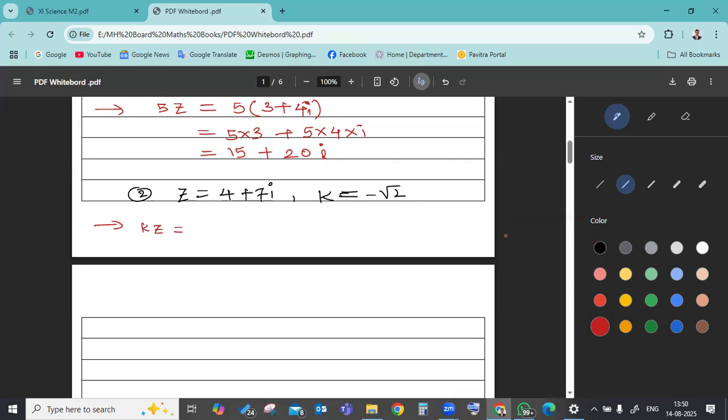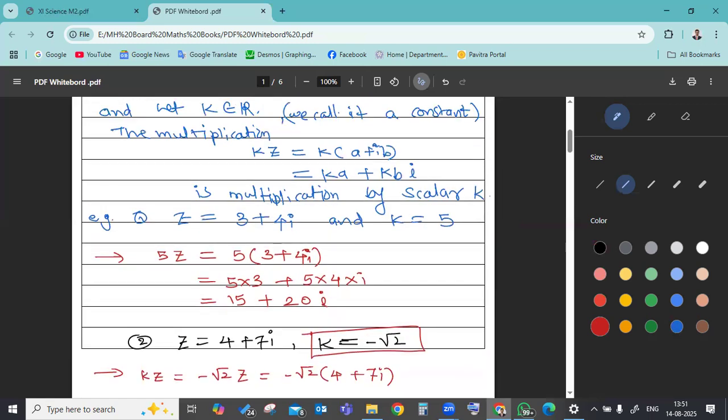So this scalar multiplication kz, that is over here minus root 2 z, will give us what? Minus root 2 into bracket 4 plus 7i. So this gives us minus 4 root 2 minus 7 root 2 i. This is multiplication by scalar k equal to minus root 2.